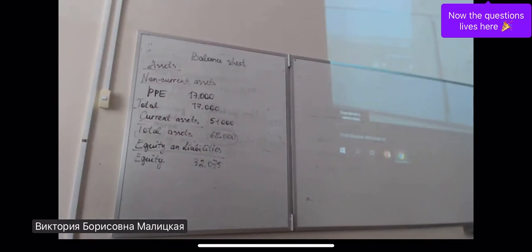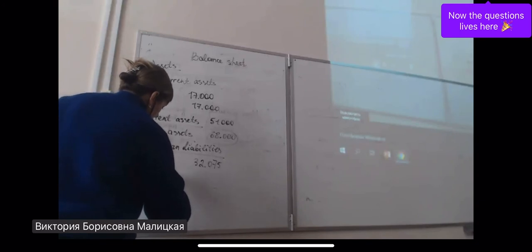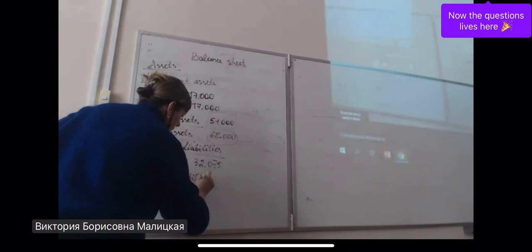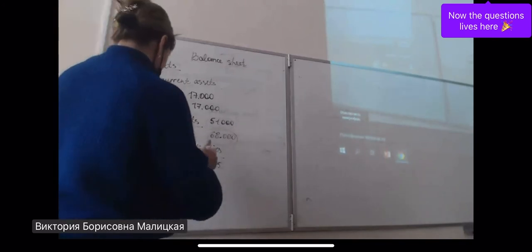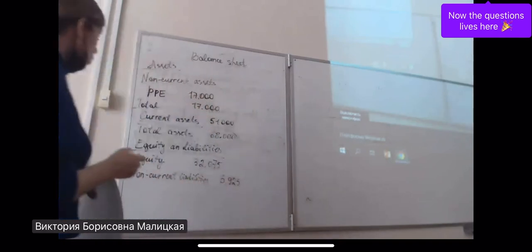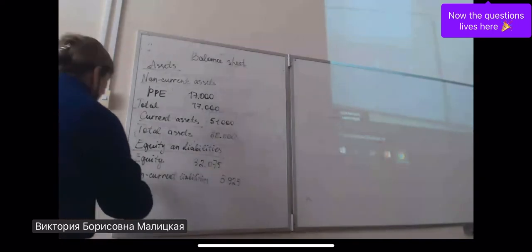Then we have what? Non-current liabilities, right? 5,925. Yes, these are our non-current liabilities. And finally, our current liabilities.